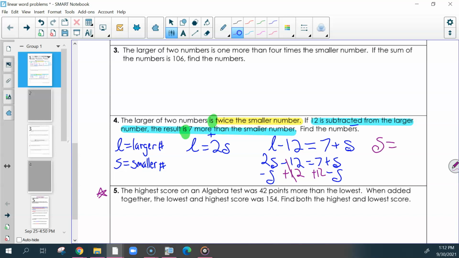These cancel. 7 plus 12 gives me 19. And S minus S disappears, becomes 0. So when doing that, I was able to find my value of S. Then I can go back and put that value of S in for L, and figure out that L equals 38. So the concept was kind of the same, but we solved it a little differently.